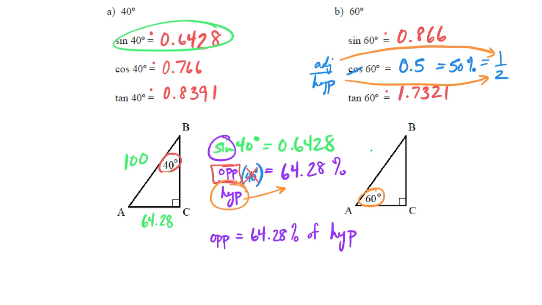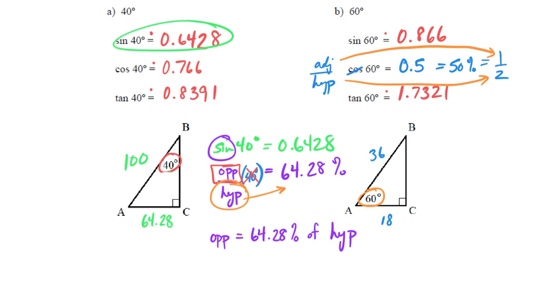Say my hypotenuse was 20. Well, I know my adjacent is 10. Half of it. If I knew my adjacent side was 18, then my hypotenuse has to be double it, 36. This becomes extremely useful.